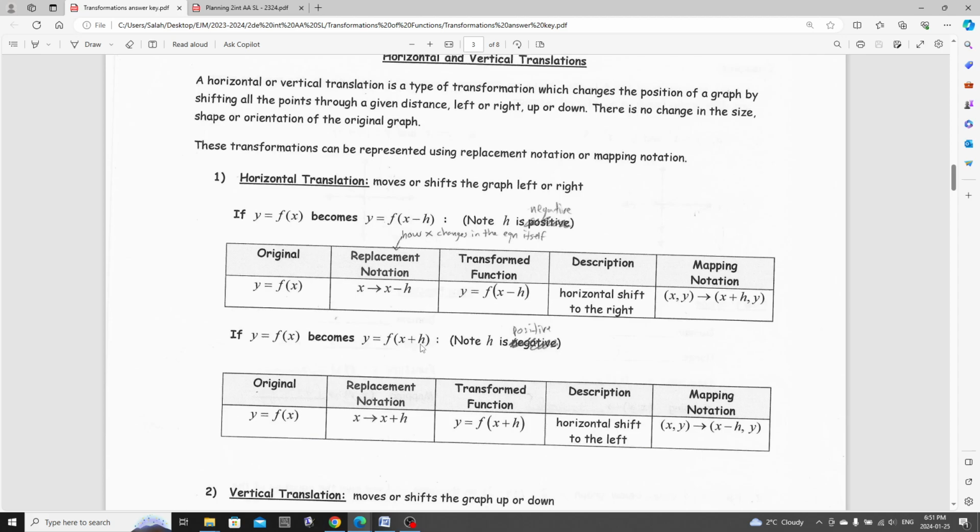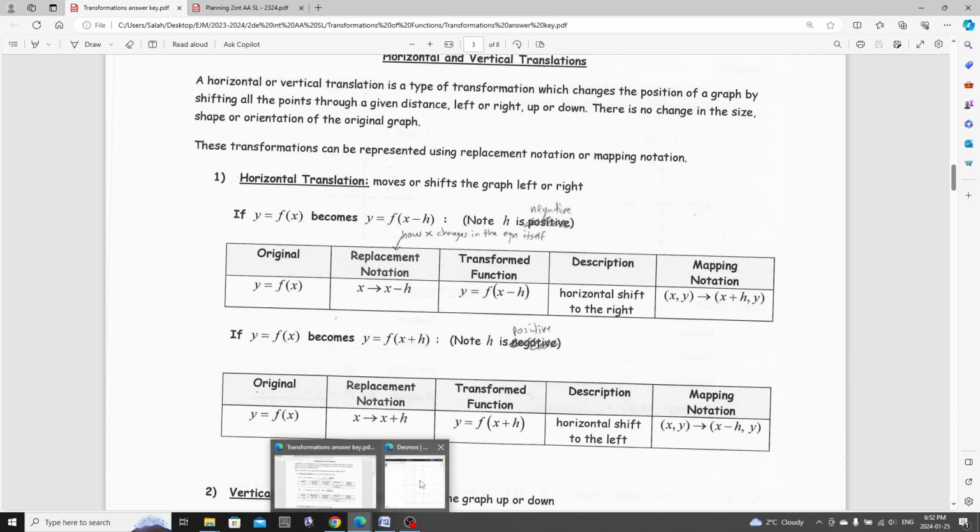It's moving h units to the left. The mapping notation just means, how do I express this horizontal shift to the left for my coordinates? Well, I know I'm moving h units to the left. That means any x value is going to have to decrease by h units. And that's why you subtract h.